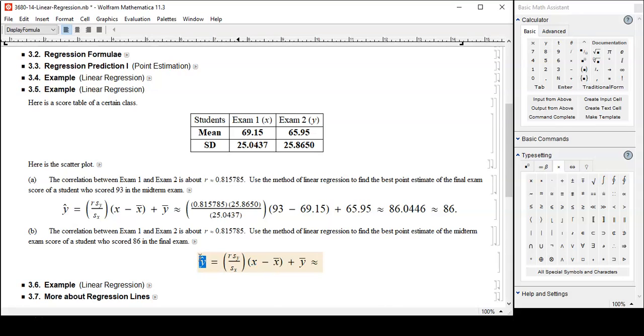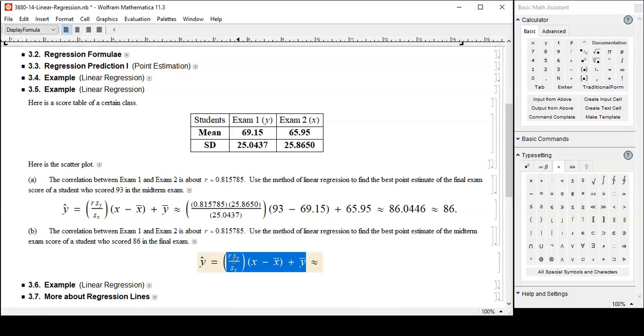But this time is different. The x value is the known value, and that is the final exam. So exam 2 is the x value, exam 1 is the y value.